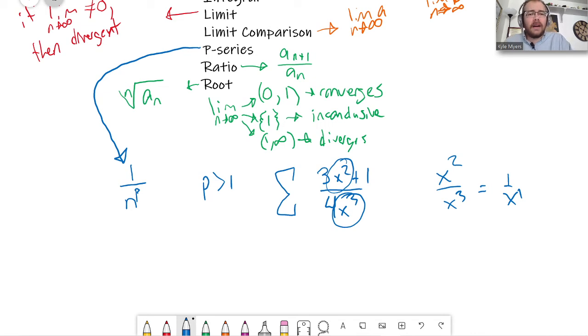Now, what if I throw in one of these guys? Well, if p equals 1, then it would diverge as long as I have one of these guys. When p is exactly 1, it diverges, but it does what I like to call conditionally diverges.